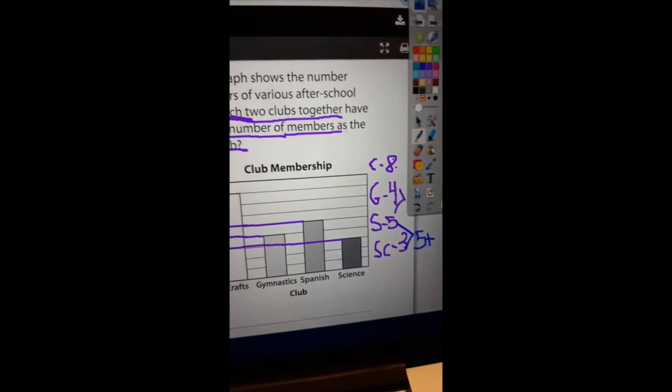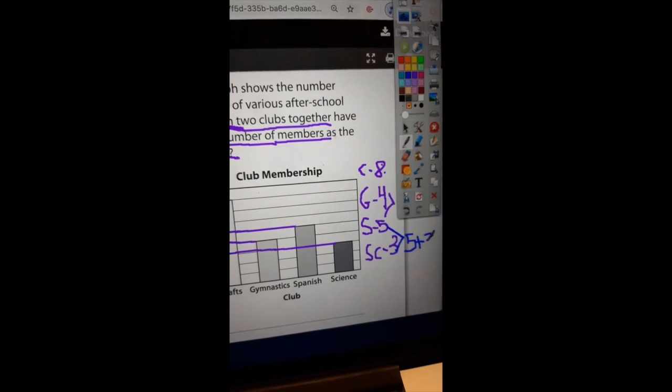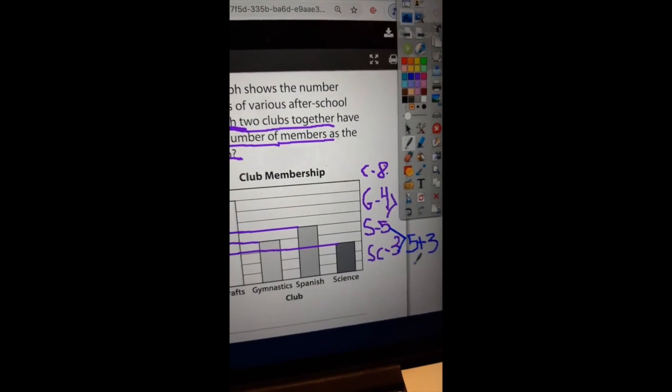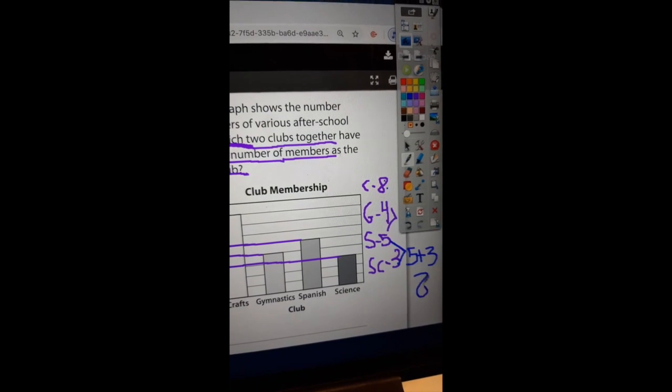Okay, boys and girls, now that you've had a minute to look at the problem and decide which of the other 3 clubs would total the amount of students in the crafts club, we'll look at the problem together. If we add 5 and 3, 5 plus 3 equals 8.